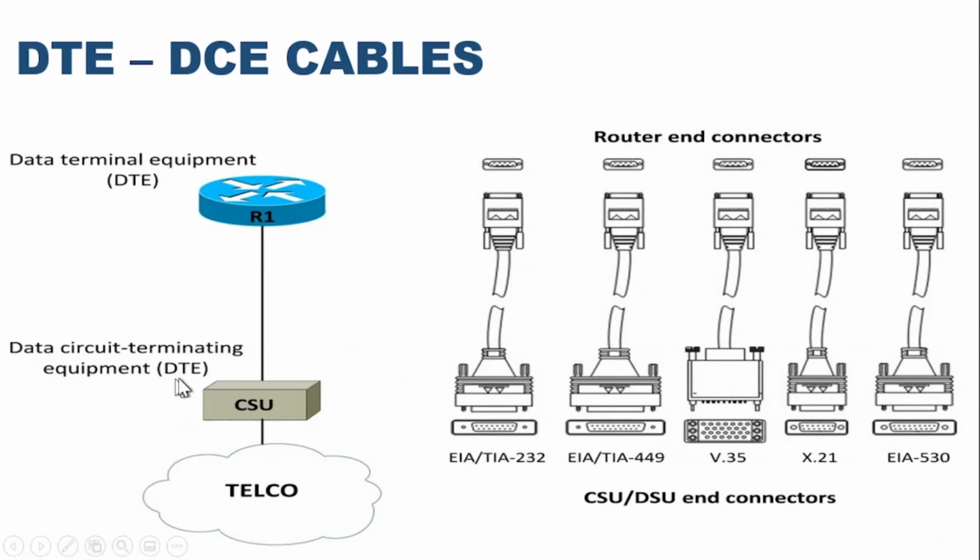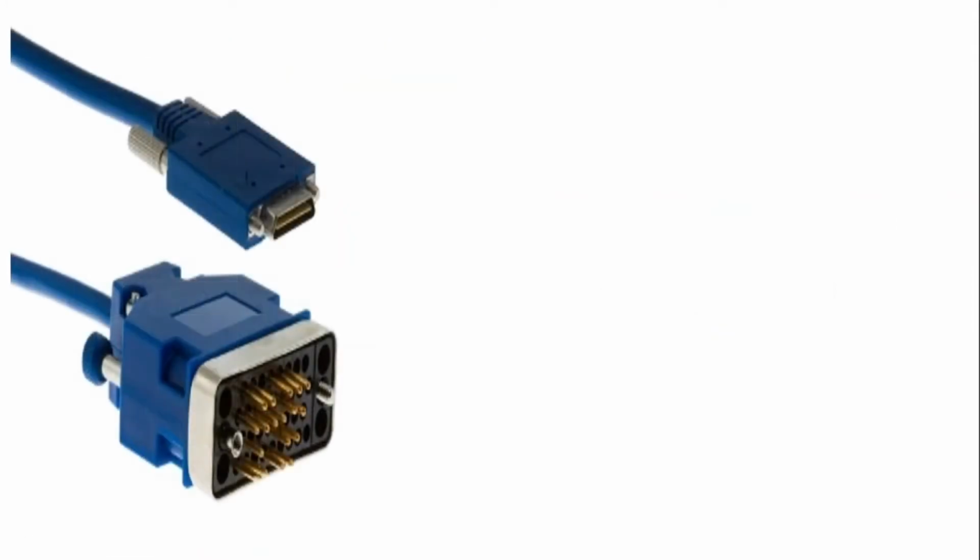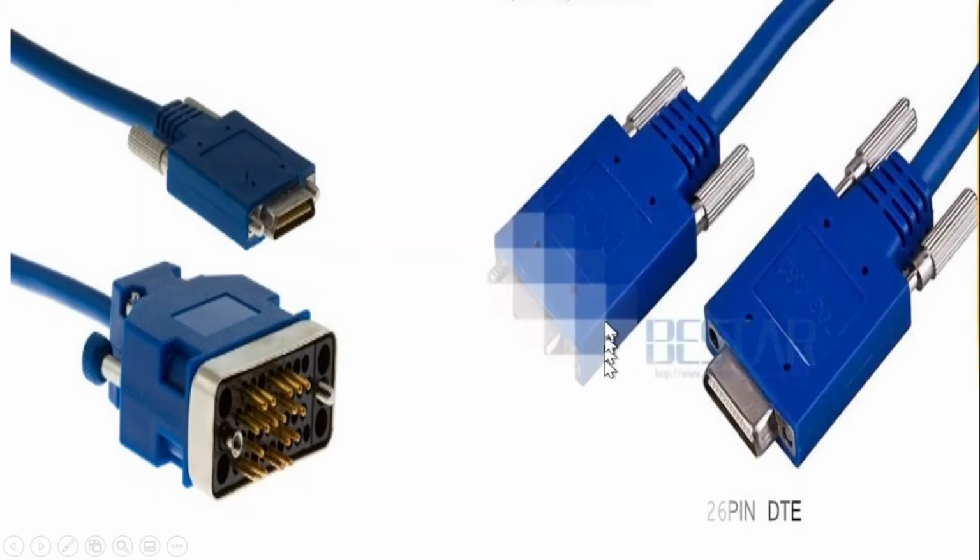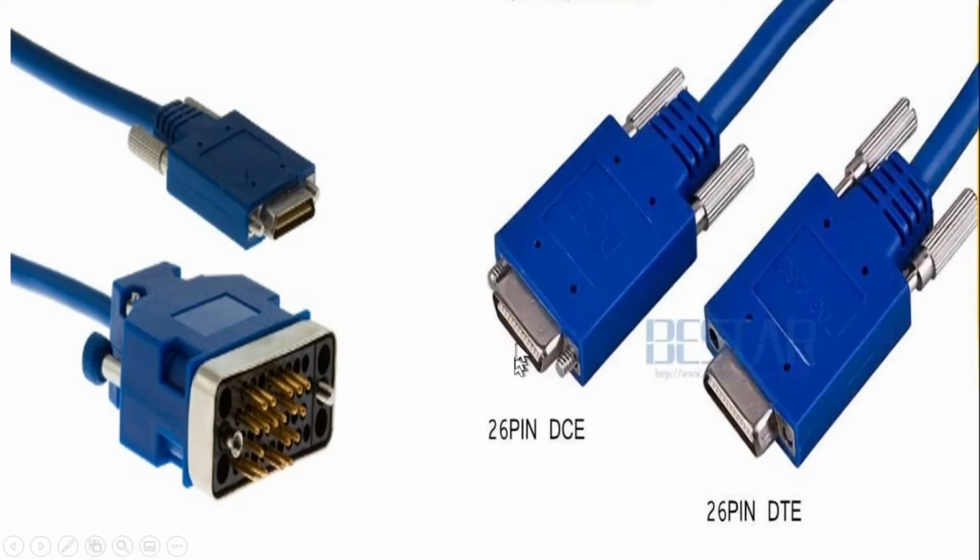Actually, this is DCE, so there's some error there, correction. This is DCE and then DTE connections. So the male part is actually the DCE, and the female part is the DTE.